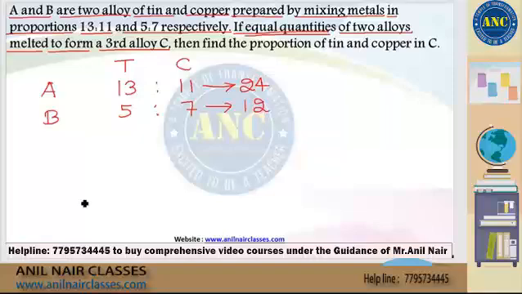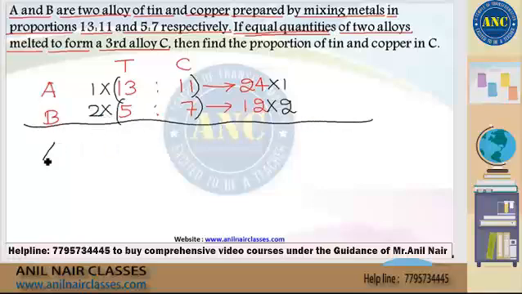It is the LCM of 24 and 12, which is 24. So 24 stays 24, multiply by 1. 12 should become 24, multiply by 2. If I rewrite it, for A and B: 1 into 13 is 13, 1 into 11 is 11, 2 into 5 is 10, 2 into 7 is 14.